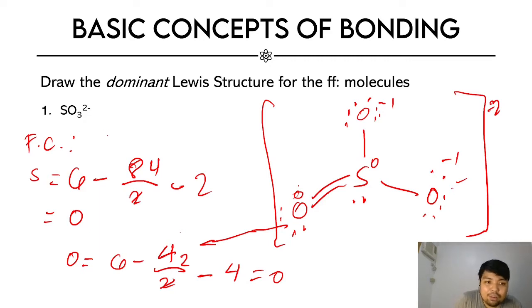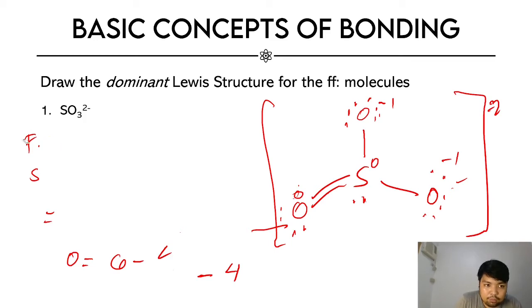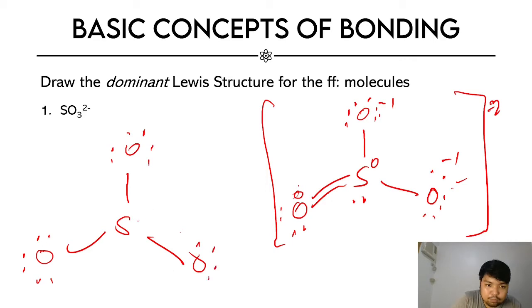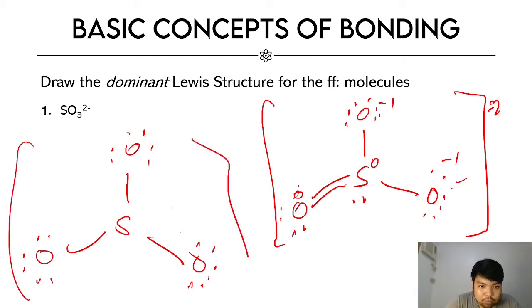So comparing to this one here, to the previous one that we have drawn, saan yung mas valid? Obviously, based on the formal charges, this will be the most dominant Lewis structure.